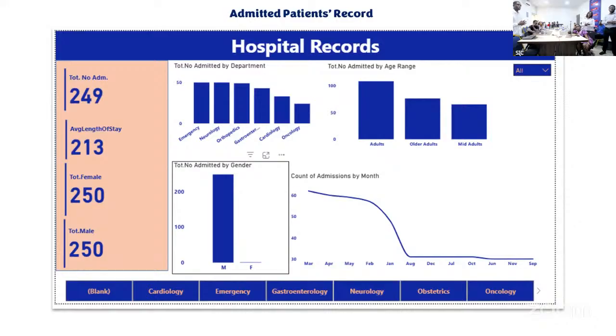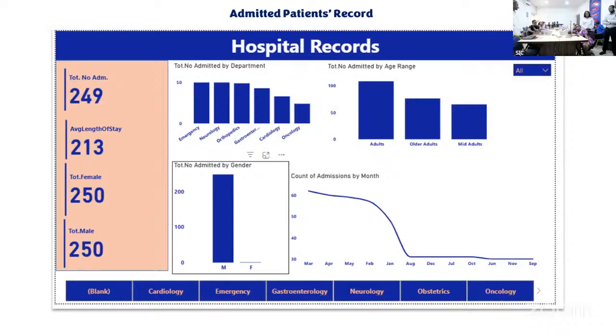Now, this is the record that tells us about the admission processes. First of all, we discovered that the total number of admissions was 249. So out of the 500 patients, about 249 patients were admitted. Then the average length of stay for the patients that were admitted was 213 days.